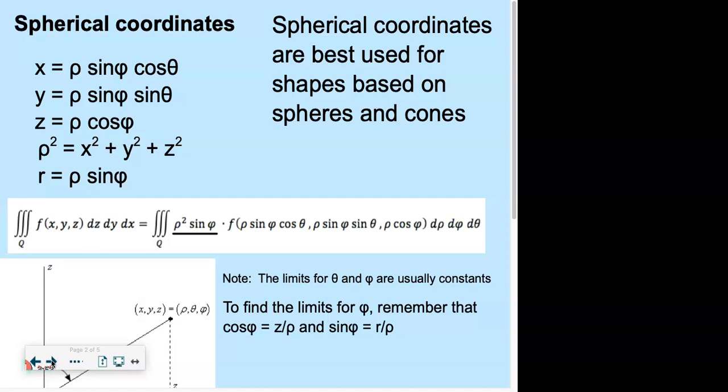The z is a little different: rho cosine phi. Now, x squared plus y squared plus z squared equals rho squared should give you a hint as to why these are called spherical coordinates, because rho is the radius of a sphere.